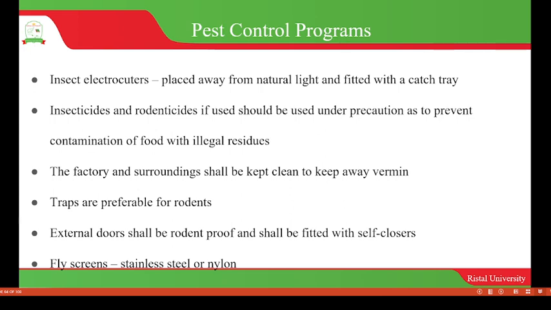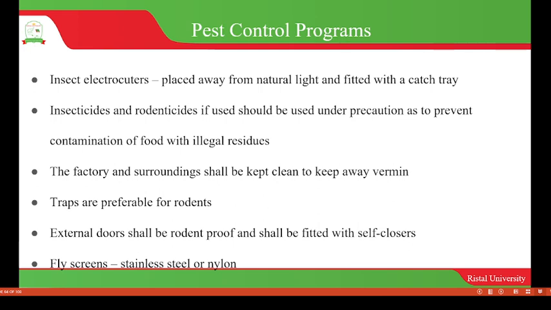Then we can use insecticides and rodenticides. If we use these to kill the pests, we should use them with precaution so that there will be no contamination of food with illegal residues of the insecticides and rodenticides.